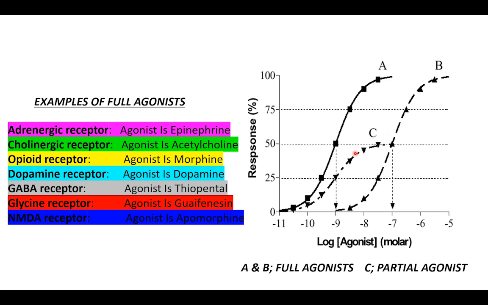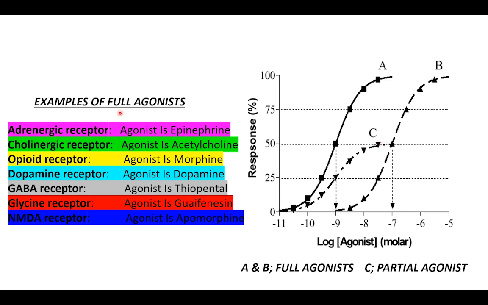Then the partial agonists, even when we have all receptors bound, will not be able to produce a maximum response. As we can see, A and B have been able to produce a maximum response, though at varying concentrations. This might be due to other factors like presence of competitive inhibitors. But for C, it has failed even when there are no inhibitors.